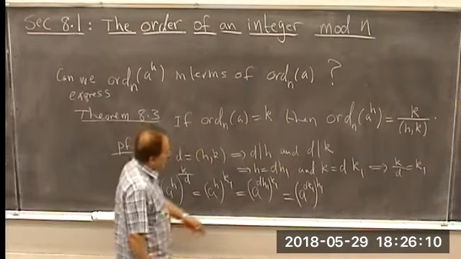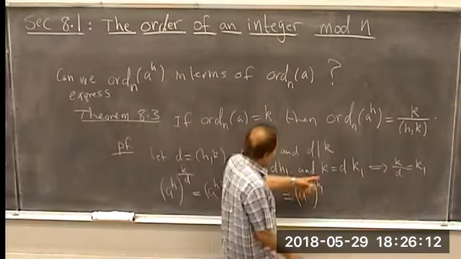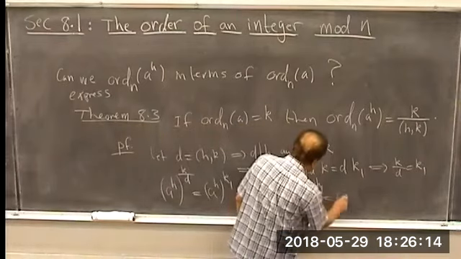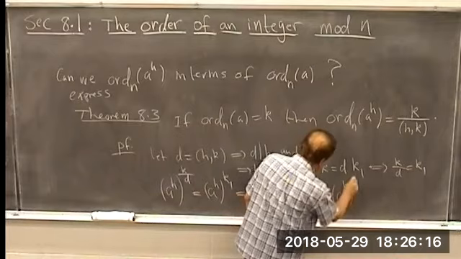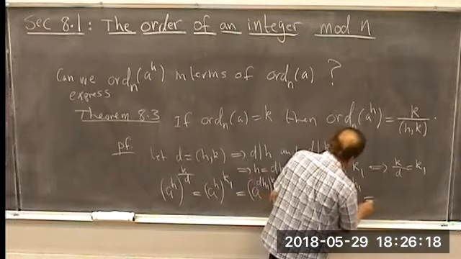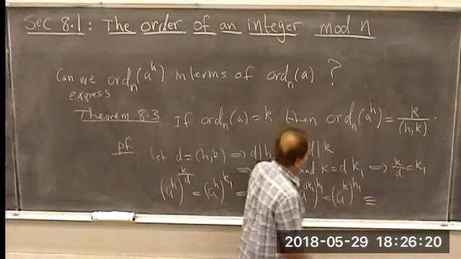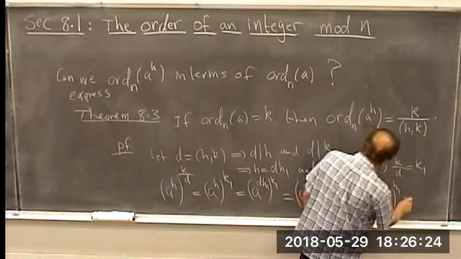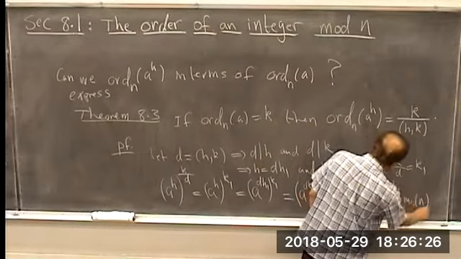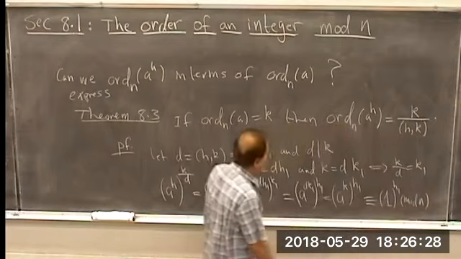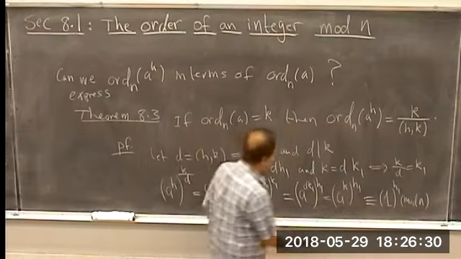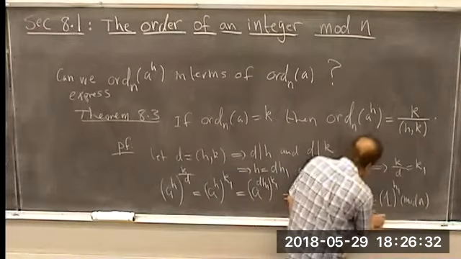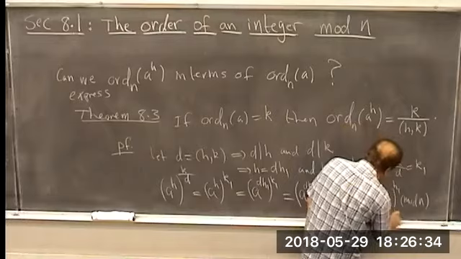But A to the power K D1, this is equal to K, H1, and now we're going to do congruence. A to the K is congruent to 1 mod n. And so we have, yes, it is congruent to 1 mod n.